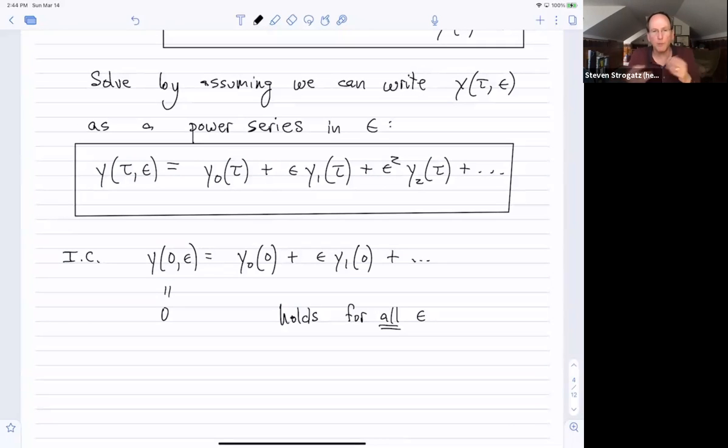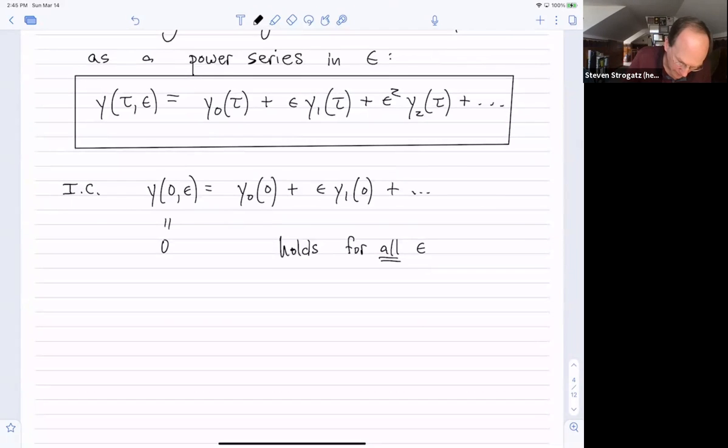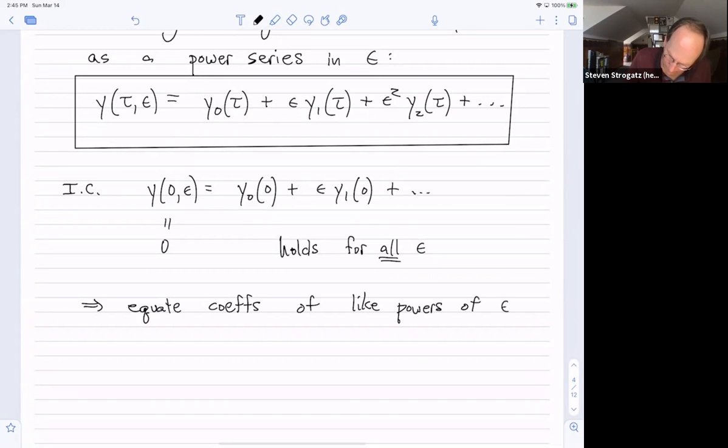We're thinking of epsilon as small, but it's supposed to be true as a statement of power series in epsilon on both sides. And so in order for that to be true, you can equate the coefficients of like powers of epsilon. A move that we'll be making throughout regular perturbation theory. And actually, even when we do the more sophisticated thing, singular perturbation theory, this same kind of move will come up.